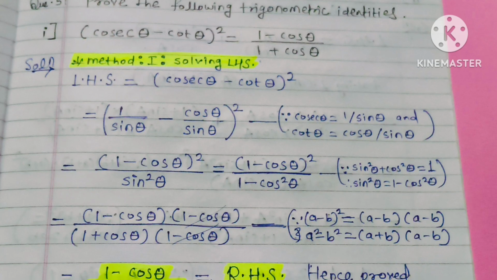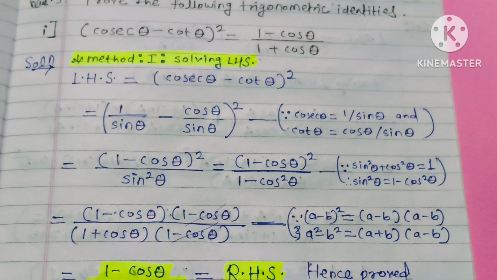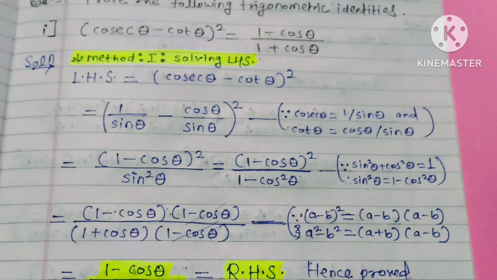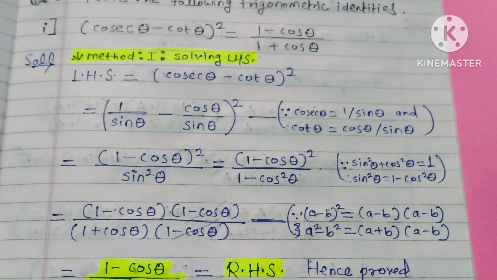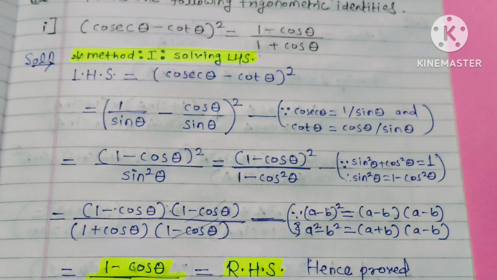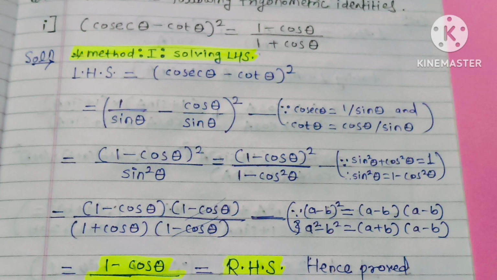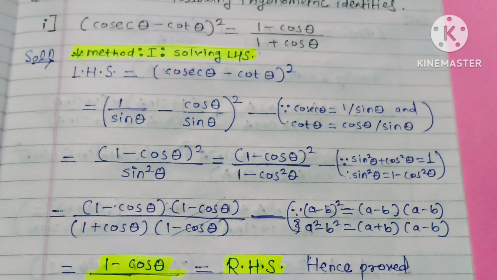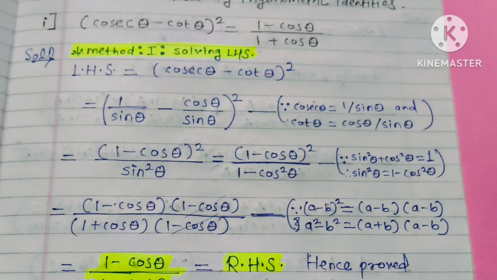If you look at the denominator, 1 square is 1, and then cos theta square is cos square theta. So this is nothing but a square minus b square. We can split it into (a plus b) in one bracket multiplied with (a minus b) in the other bracket.